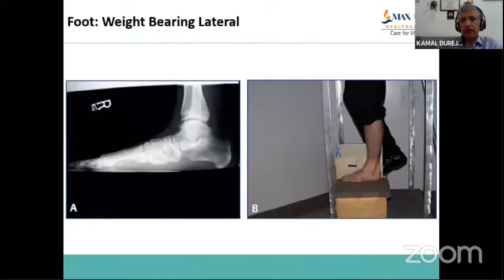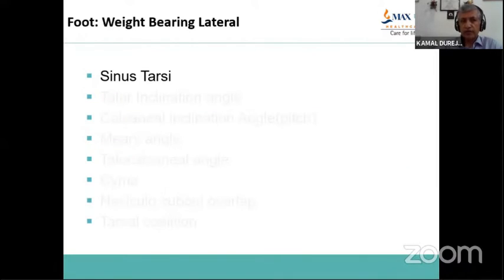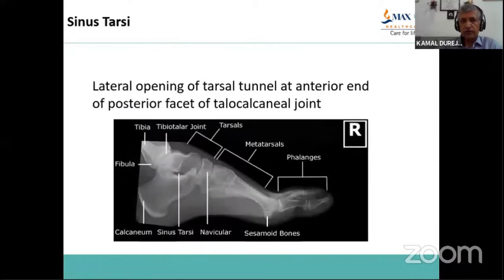Weight-bearing X-rays, lateral view of the foot. It's very important in most of the deformities, whether you are dealing with cavus deformity or flat foot deformities. So this is how we do a weight-bearing X-ray of the foot and take a lateral view. And what all do we see? Sinus tarsi, of course. What is sinus tarsi? Well, it is a small opening of the tarsal tunnel lying just anterior to the distal fibula, and we can see here this is how a small opening should be seen in a normal X-ray.